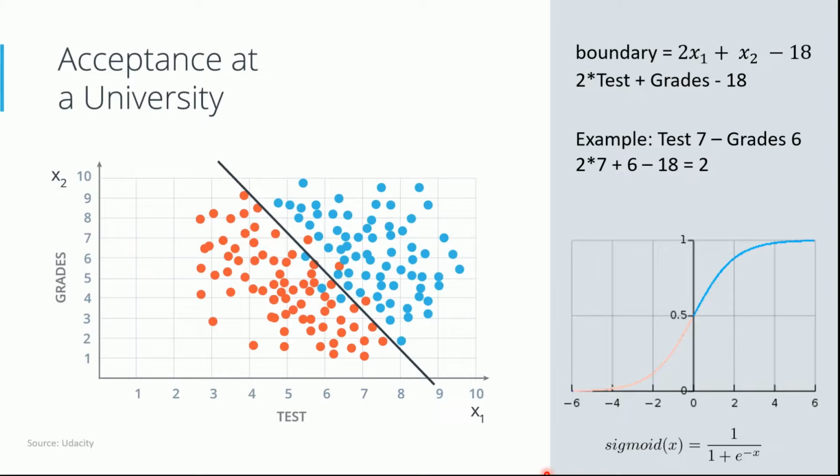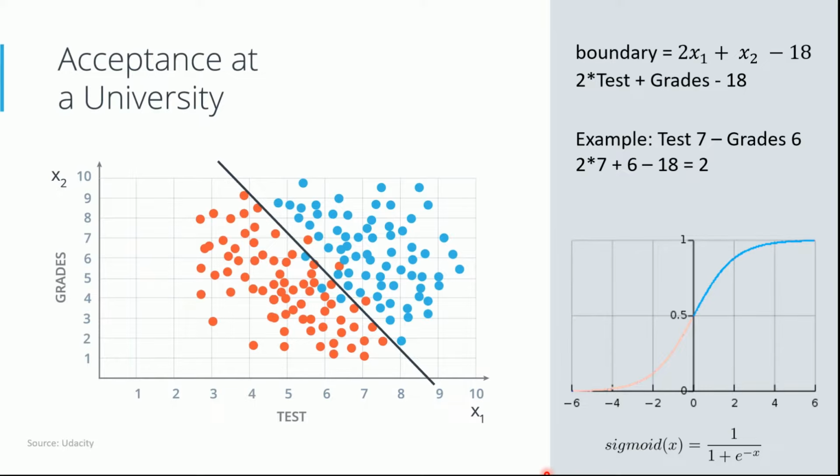To make this easier to see, we visualized our data with blue referring to the labels of 1, the acceptance labels, and we painted red the points that refer to label 0, the rejection label.